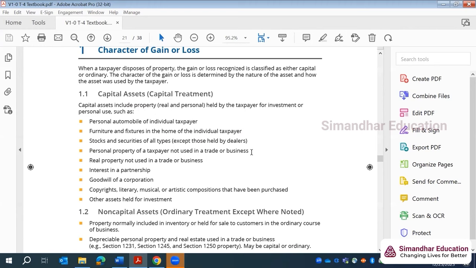It is an asset for sure, but is it an ordinary asset or a capital asset for me? It is going to be a capital asset for me. And when I sell the truck, what kind of gain will I reap out of it? How will I characterize the gain or loss? It will be a capital gain or loss for me.